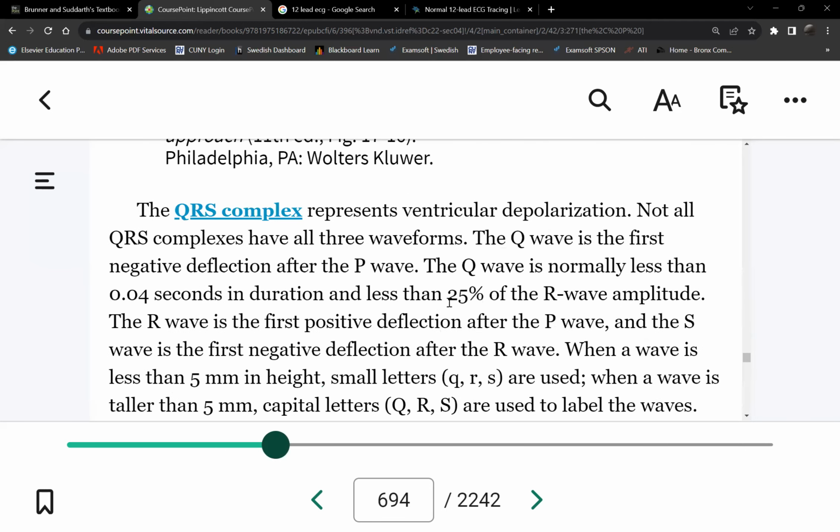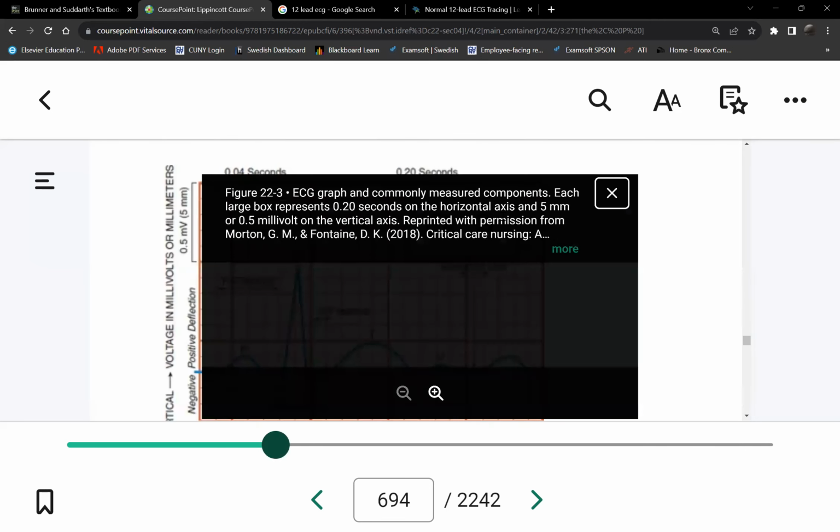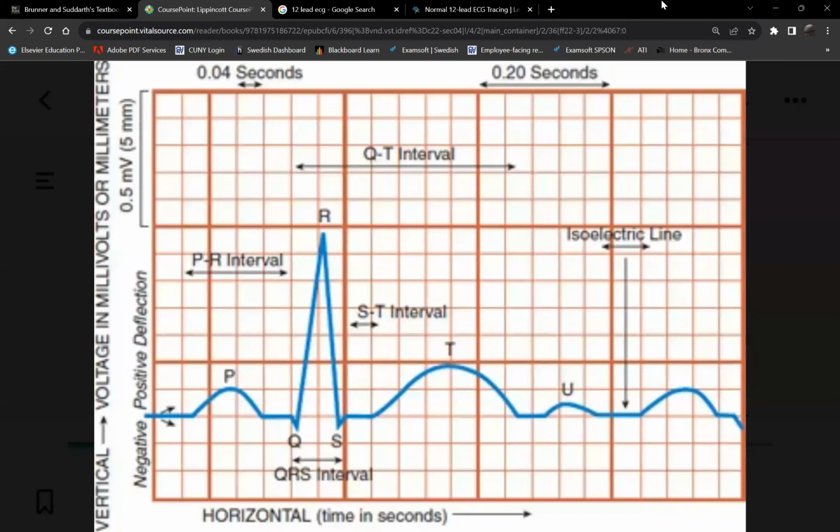Okay, so the PR interval is measured from the time of atrial depolarization, right? So it measures the P wave itself up to right before the ventricles contract. Ventricular contraction is the QRS complex. So it measures from here to here, right?